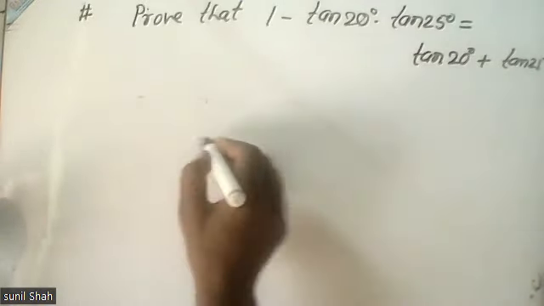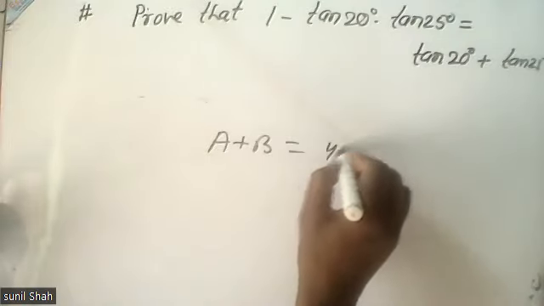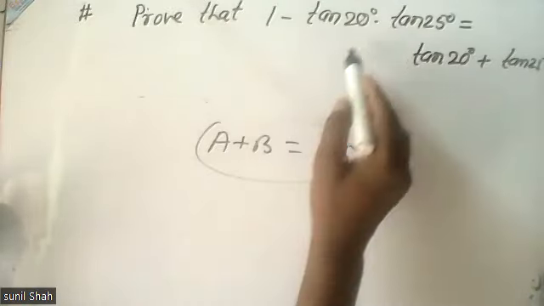This is also the same type. This is the same as A plus B is 45 degree, the previous one. A is this, B is this, plus this is 45.